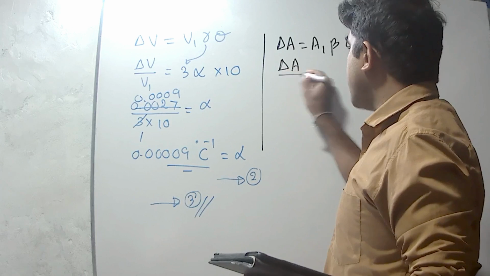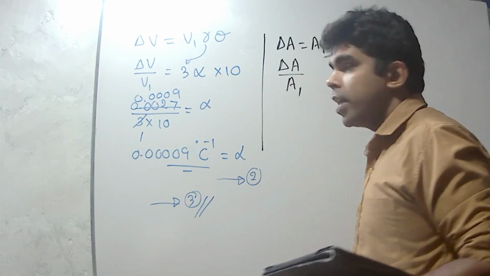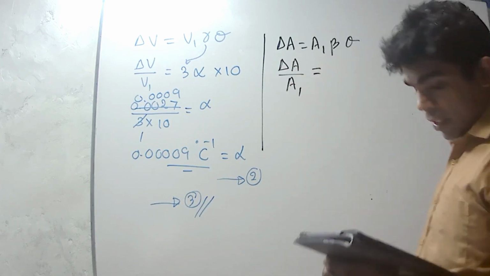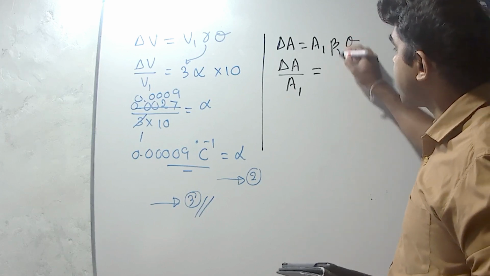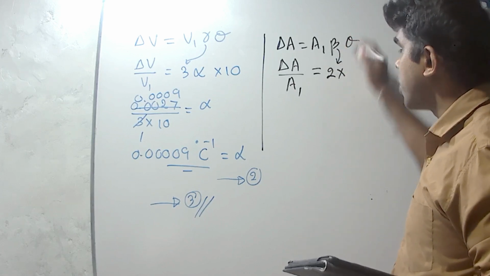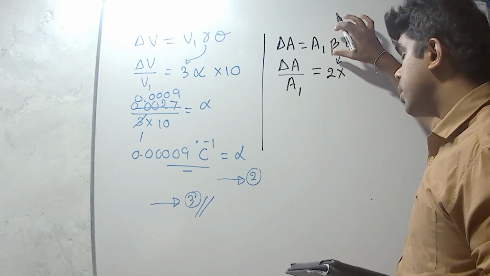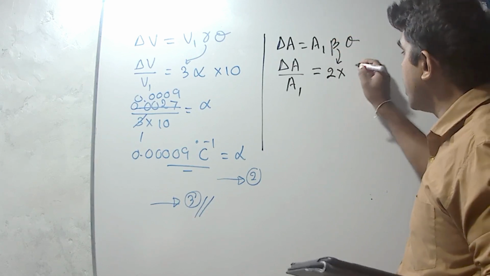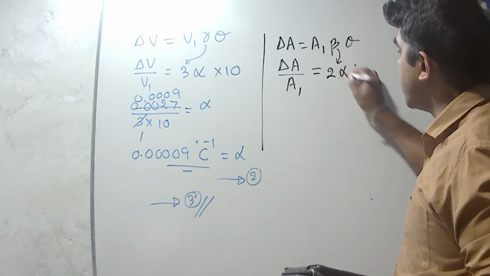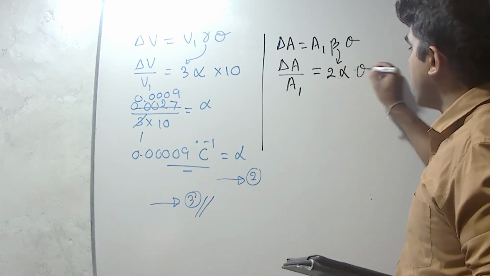Fractional change of area delta A over A1 equals, area expansivity is 2 times the linear expansivity, then 2 alpha theta.